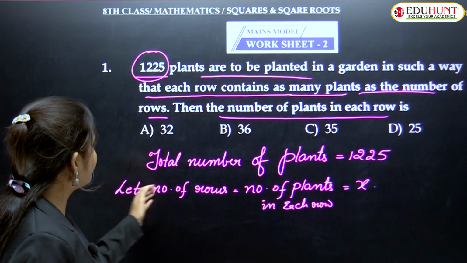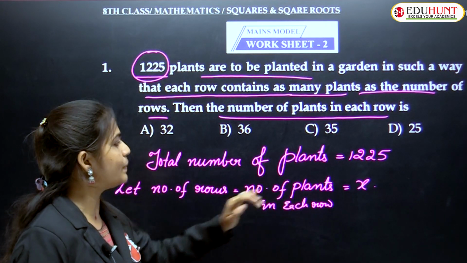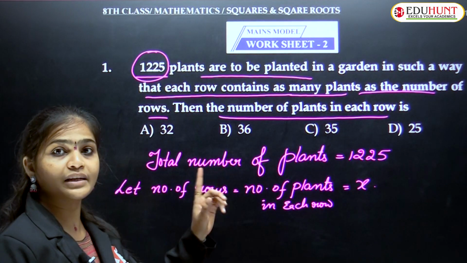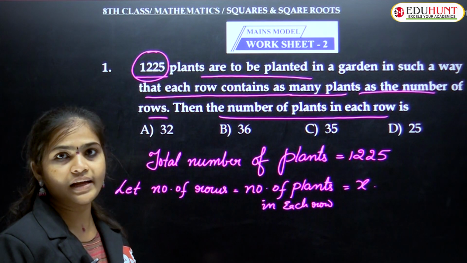Understand? So the number of rows is x, and in the same way the number of plants in each row is also x. So the total value is equal to 1225.